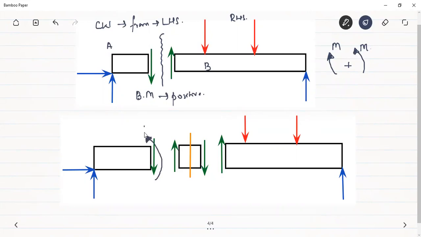The resisting bending moment should be in the anti-clockwise direction. If it is clockwise on one side of this element, it should be anti-clockwise on the other side. So see, the section is here. From the left hand side, I have a clockwise moment. From the right hand side, I have an anti-clockwise moment. Therefore, this is again a positive bending moment.